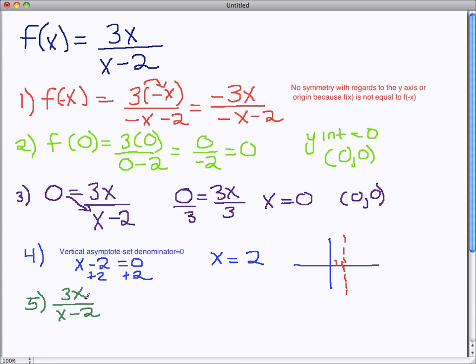They both have exponents of 1. And so we look at the leading coefficient, or the first number. And remember that I know you don't see a number in front of the x, but it really is there. It is a little imaginary 1. So our horizontal asymptote would be 3. And again, if you look at our graph, that would be kind of a little horizontal boundary that the line would not cross.